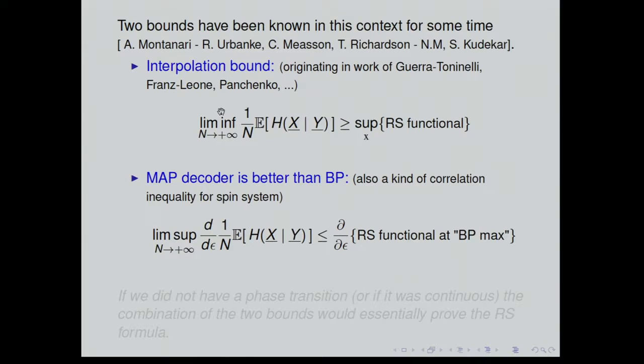The second bound is a kind of intuitive bound, although for codes it's not at all a trivial bound. But basically it says that the MAP decoder is better than the belief propagation decoder. So mathematically you have the following thing. If you look at the derivative of this conditional entropy with respect to the noise of the channel and take the limit, this is less or equal than the partial derivative of this replica symmetric functional with respect to the noise.